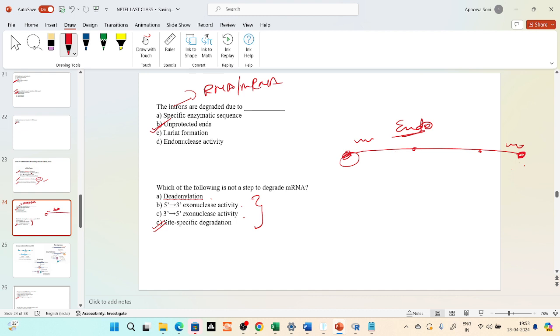Entering a home through an open gate is easier than entering by cracking a wall. So just remember that endonuclease has to crack a wall to enter, and exonuclease can just enter through open doors. And open door means unprotected ends.